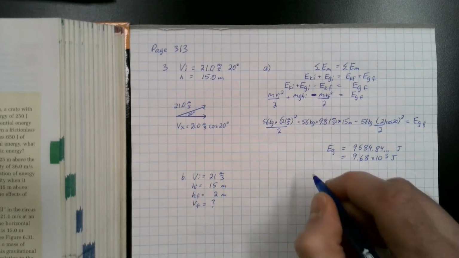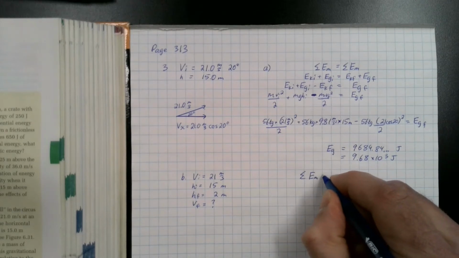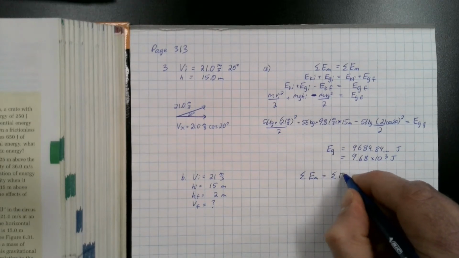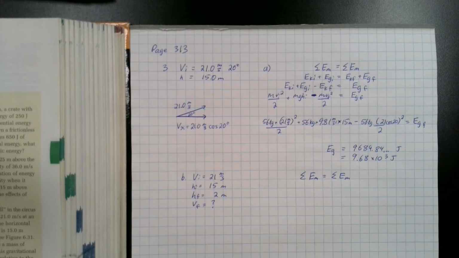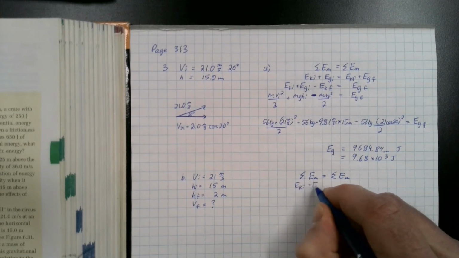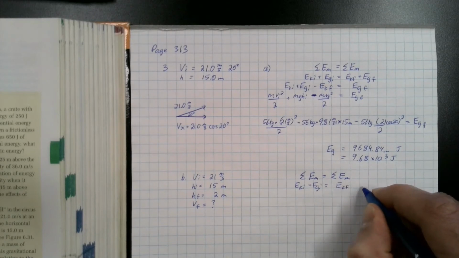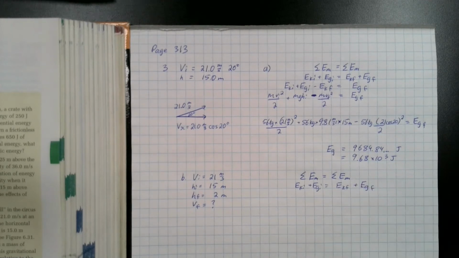So again, we're going to start off with the sum of the mechanical energies at the start is equal to the sum of the mechanical energies at the end. So we're going to have our EK initial plus EG initial equals EK final plus EG final. Now in this case we're looking for that kinetic energy, so I'm going to have to subtract my gravitational potential energy to the other side.